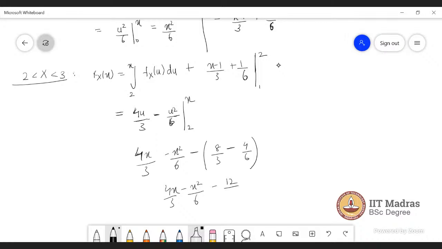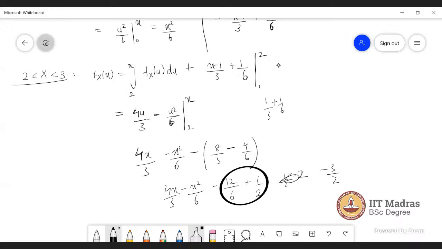If you solve this, you will get 1 by 3 plus 1 by 6, that is 1 by 2. Now it is plus 1 by 2, so minus 3 by 2. Yeah, so this will be minus 3 by 2.